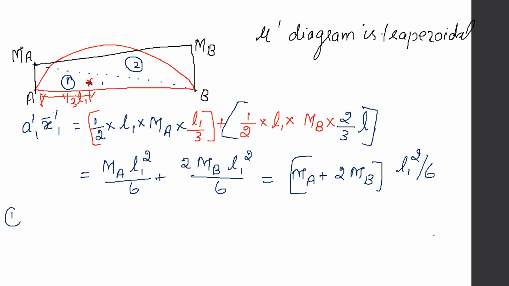Now, our equation 1 becomes EI into L1 into IB is equal to, okay. Now, our equation becomes EI1 into, sorry, I will erase this.